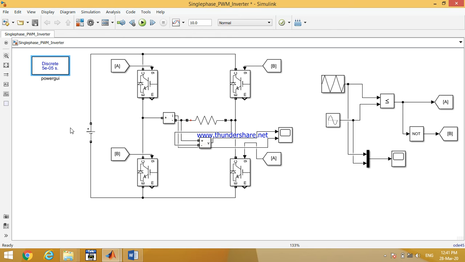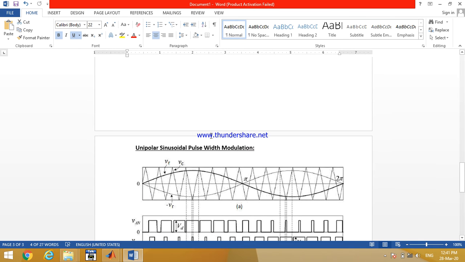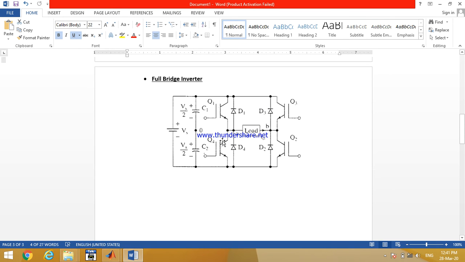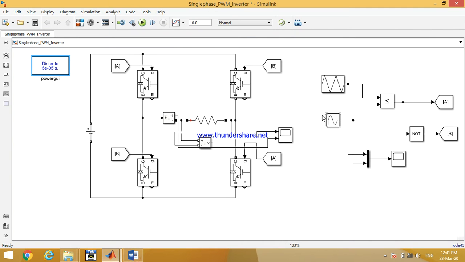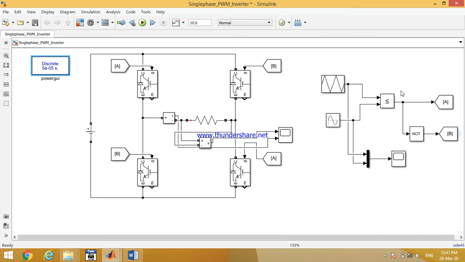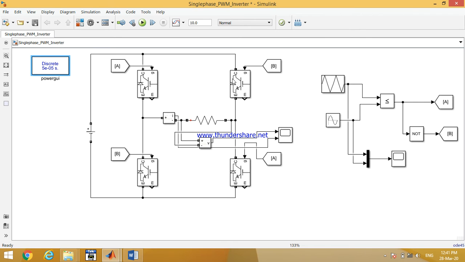Okay, right friends, we can see that the power circuit for both configurations will remain the same. Either we are simulating the unipolar or the bipolar, the power circuit will remain the same, right? So we just need to make separate pulses for the inverter, not change the entire power circuit.